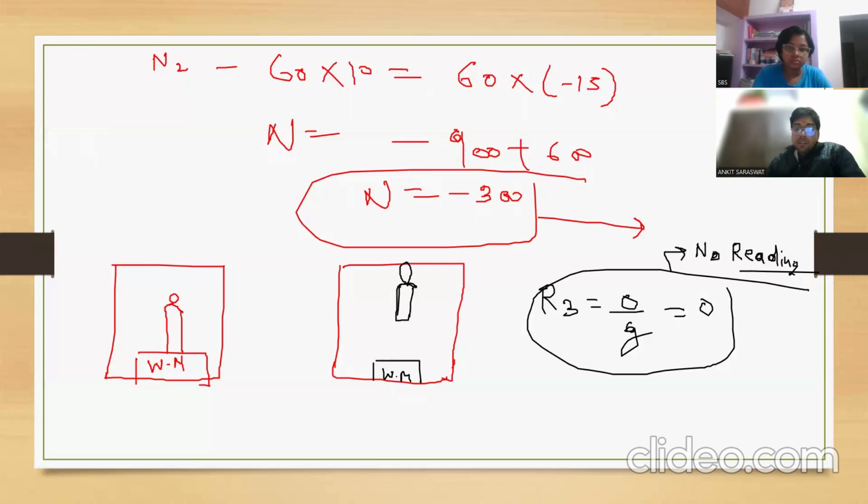But if you increase the mass of a person beyond 60, for example if a person is very heavy, will he move up? No. If you increase the mass of a person to 100 kg, and the lift is going down with 15 meter per second square, is it possible for normal to be negative?